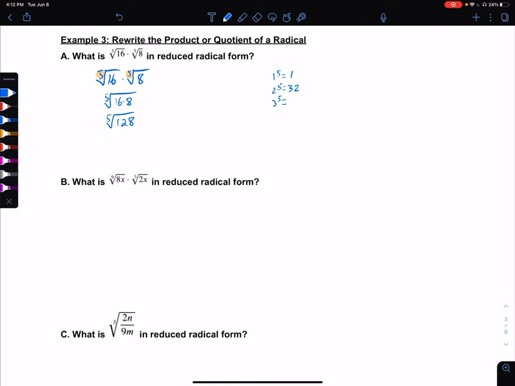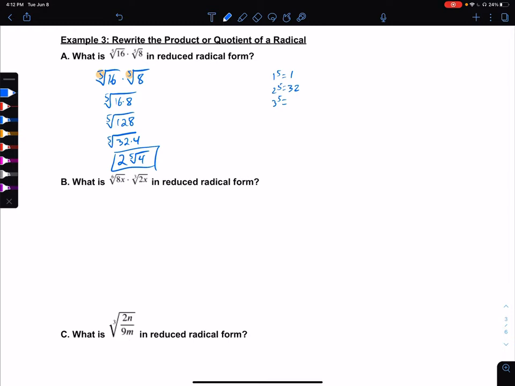So 2 to the fifth, 32, does go into 128. So this is going to be the fifth root of 32 times 4. And then we can take the fifth root of 32, which would be 2. That comes out, and then we'd have the fifth root of 4. And this would be our reduced radical form.